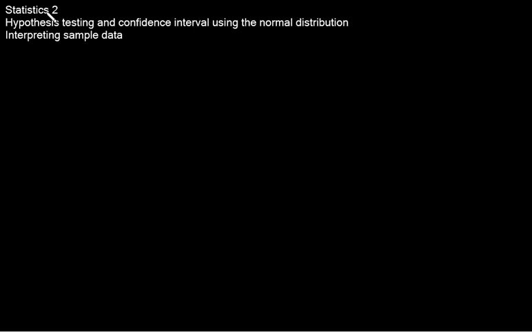Now, just say we have a normal distribution N with mean equal to 100 and variance 25.